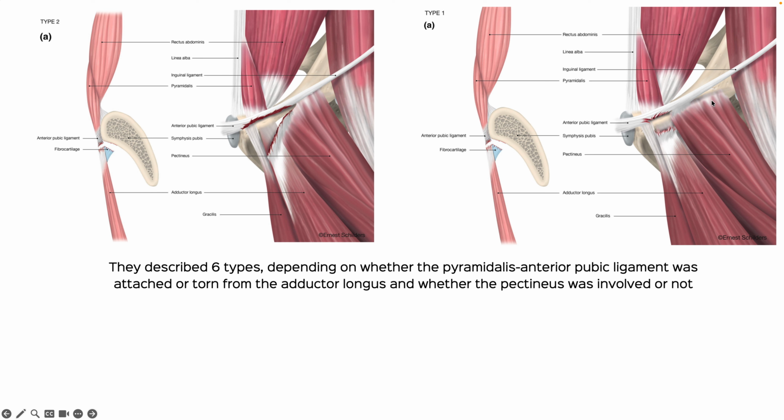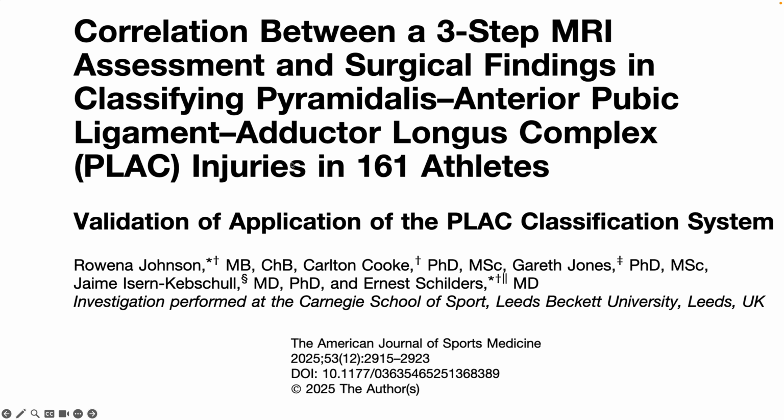So here, for example, the pectineus is intact, it's type 1, this is type 2. And then very recently came this paper, again from the same group in the UK, where they've now correlated this with injuries during surgery and found that there was very good correlation, and it makes a difference.